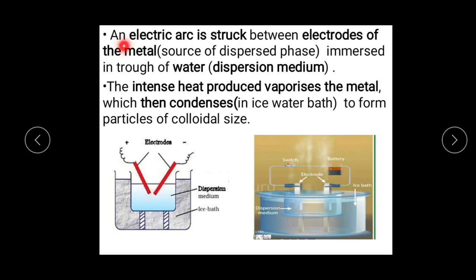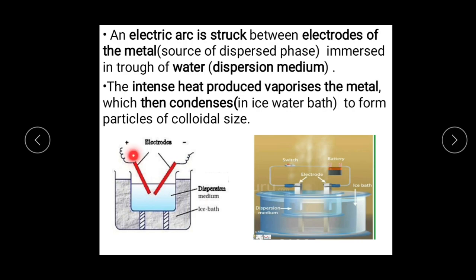Electric arc is actually electricity used to create enough heat to melt metals. And you can see the trough of water is placed in an ice bath. Now what is an ice bath? An ice bath is a vessel or a trough containing ice and water to lower temperature or to keep cool.